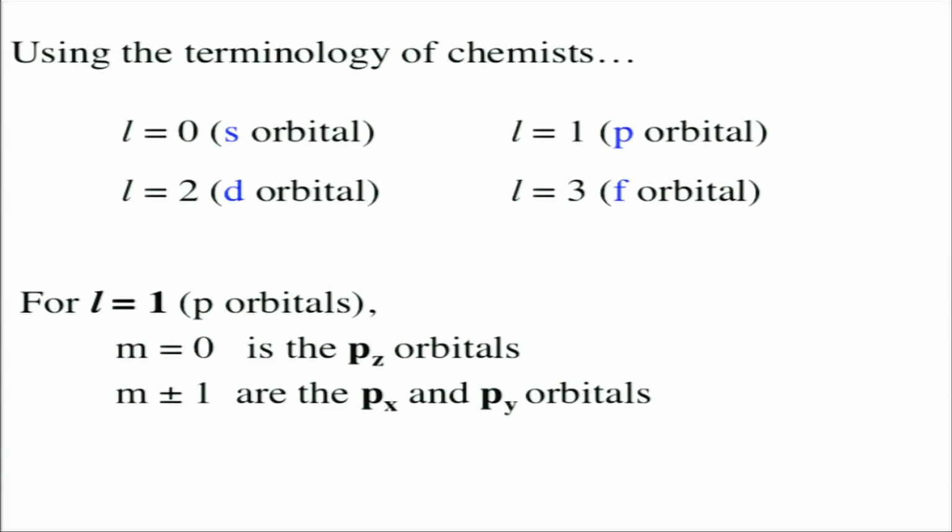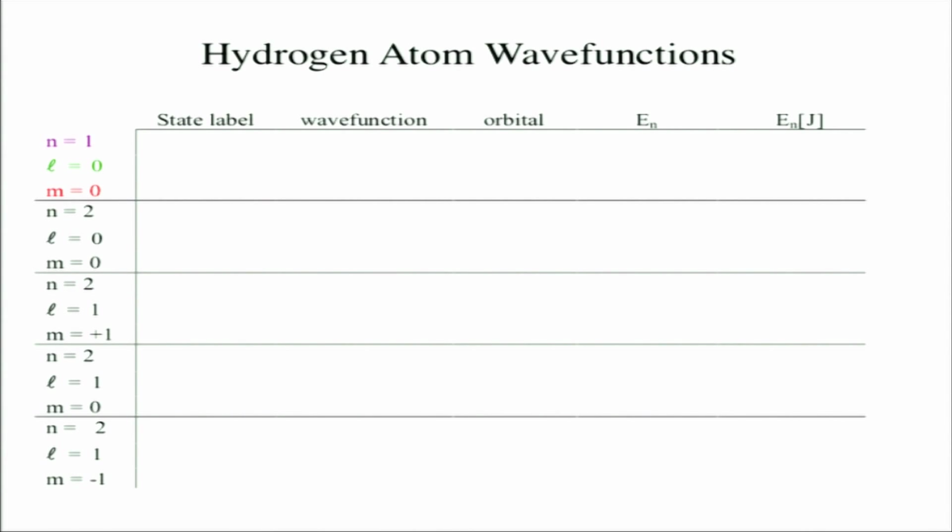All right, so we can take all of these nomenclatures now and use it to fill in this awesome table. So this will help you kind of keep track of all the different ways you can designate the same things. And we'll fill this in. So first, state label. What do I mean by this?